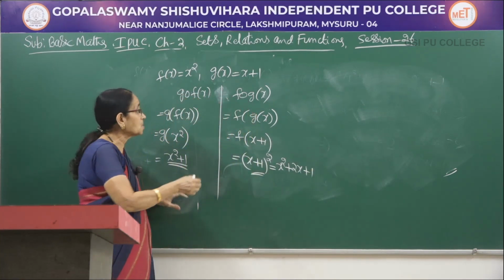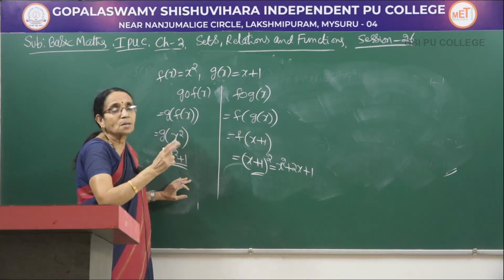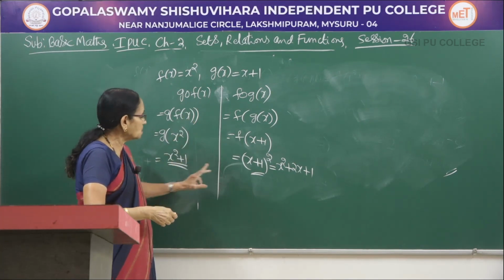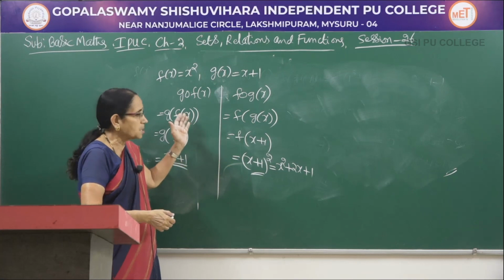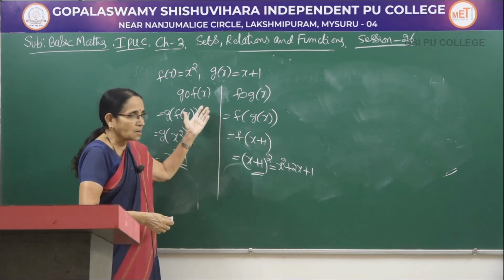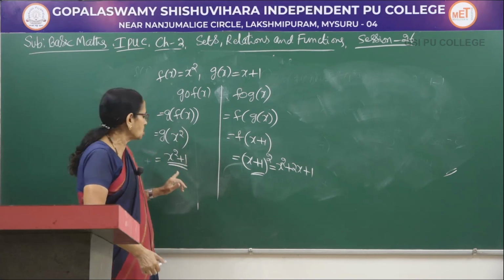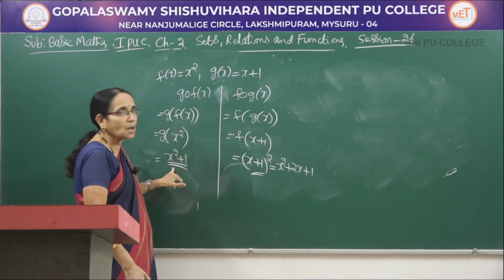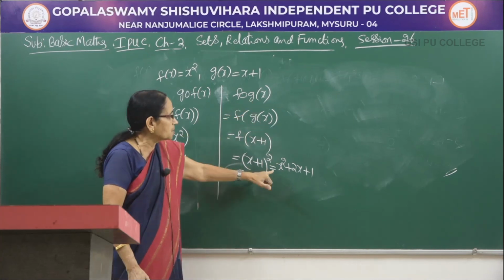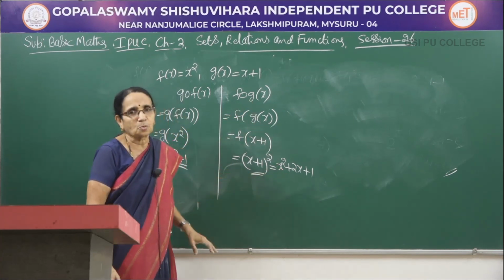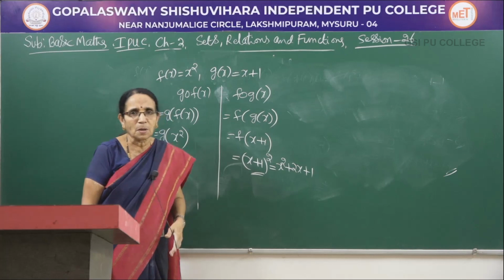See, I told you always, though the same letters are there, they are in different order. The values that we obtain here, when a particular value is given or a general value has been considered, we do not get them equal to each other. Here g o f of x is x square plus 1, f o g of x is x square plus 2x plus 1. So, always you have to remember.